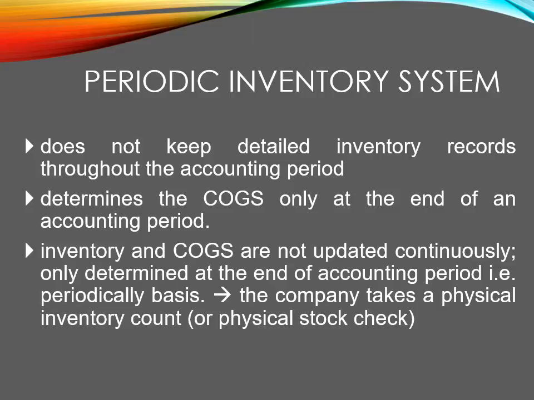However, the periodic inventory system will not update the inventory value and cost of goods sold value continuously. It is only determined at the end of the year. So your task is very simple. You only need to calculate the value of inventory and also cost of goods sold once a year.